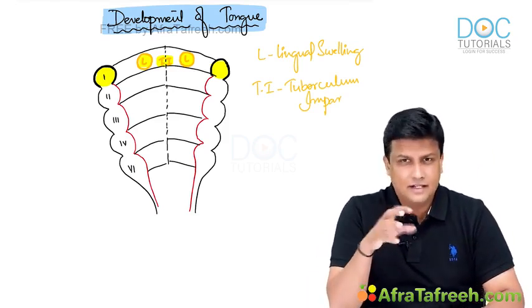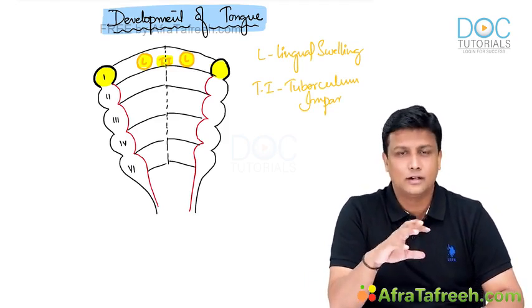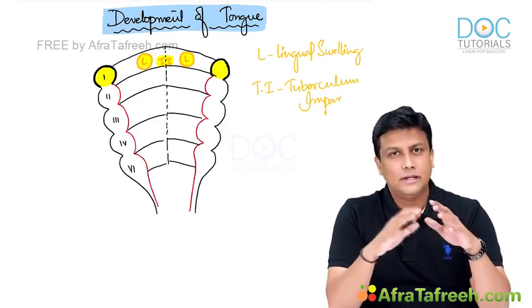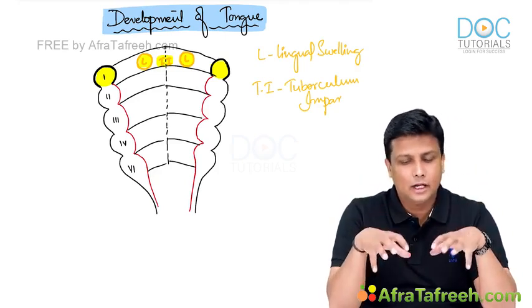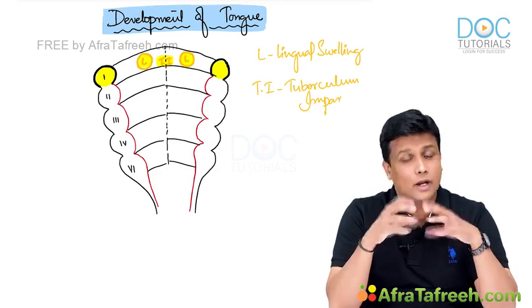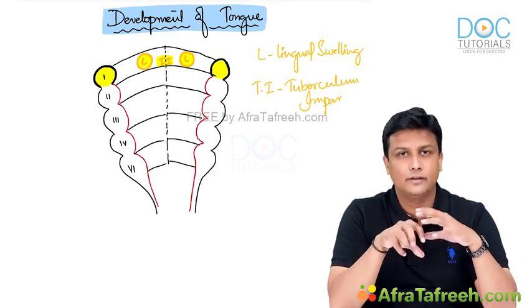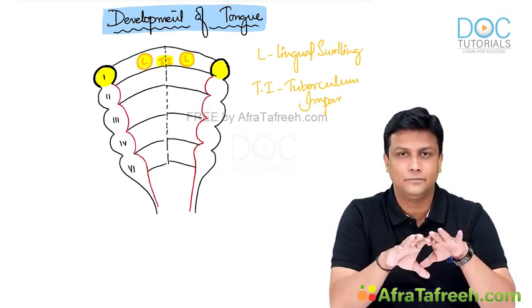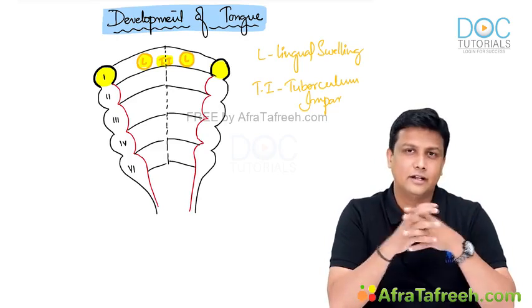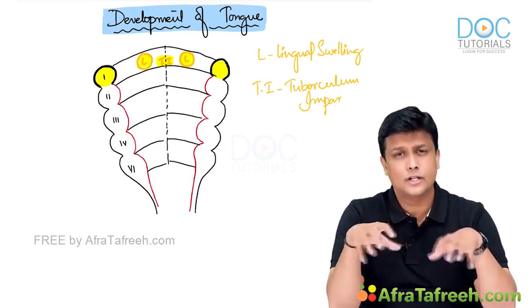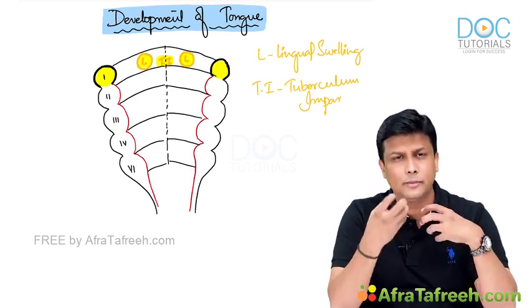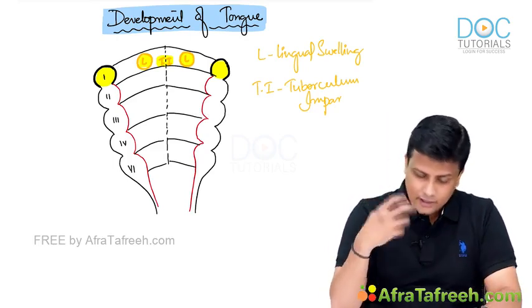The reason is, it is present over there as a swelling, but when the complete tongue is being formed, what will happen? The lingual swellings will overgrow in such a manner that the tuberculum impar will be completely engulfed inside. So you'll not be able to appreciate that separately in the final outcome. It's only the lingual swellings, and they will overgrow in such a way that the tuberculum impar will be completely engulfed inside.